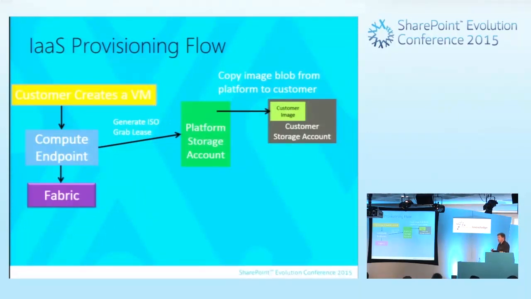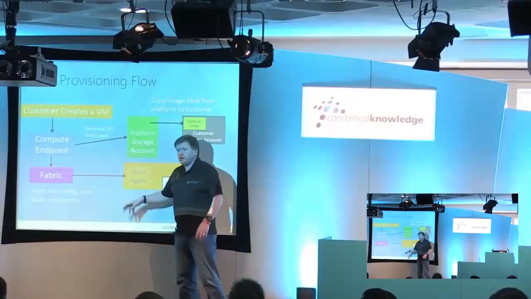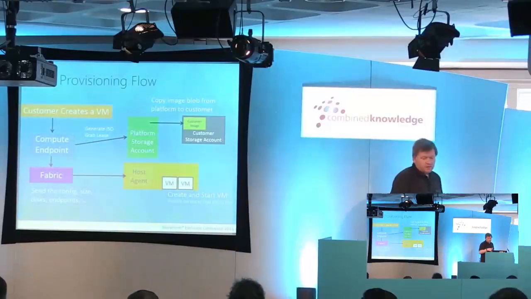At that point, we connect the endpoint for that machine, the management endpoints for that machine, to the actual Azure Fabric, and you can start to communicate with it. And then at the end of the day, we assign what's called the host agent, which is the management agent. If you think of this yellow box as being a host machine, virtual host fabric, we drop the VMs in there.